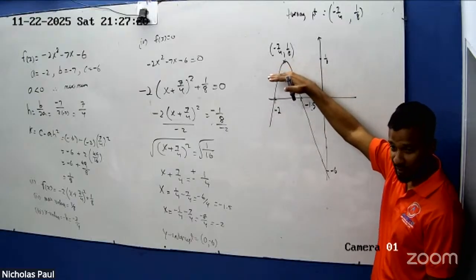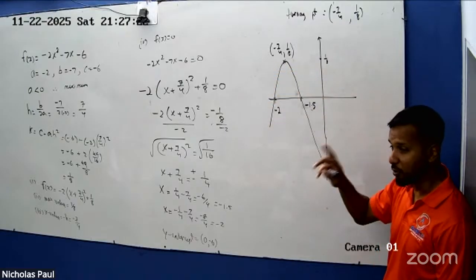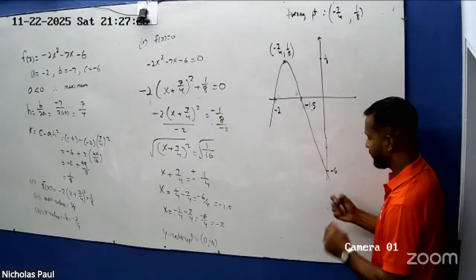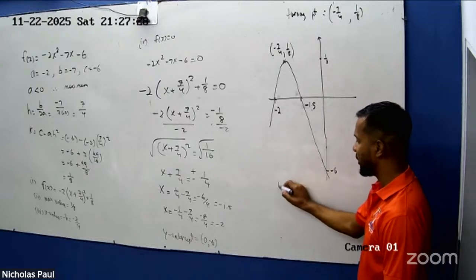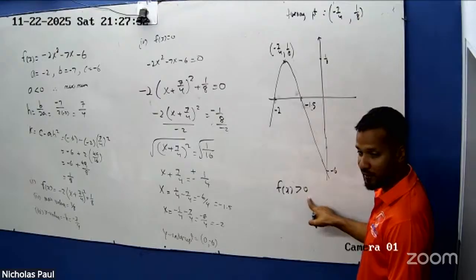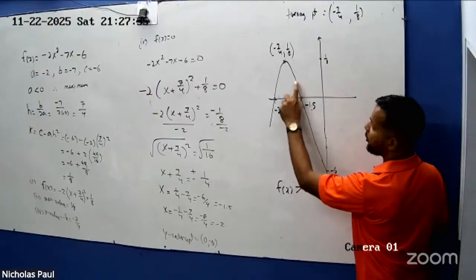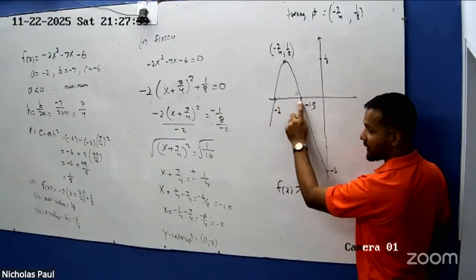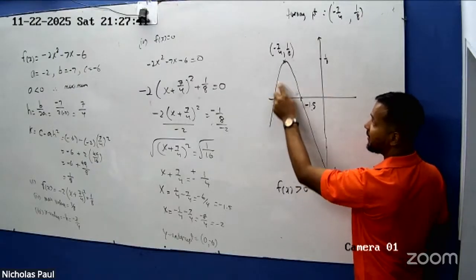And which part is more than 0? Above here. So based on your solution, this is what we're focusing on next week. If I said, when is f of x more than 0? f of x is more than 0 here, between these values. So between here and here is more than 0.